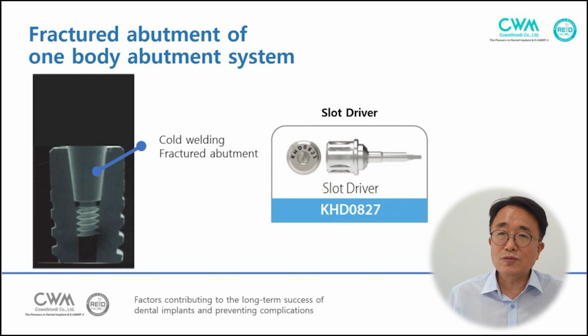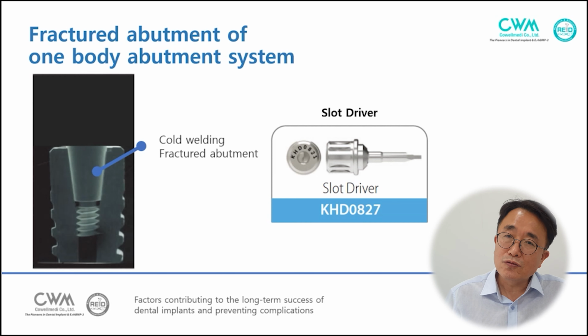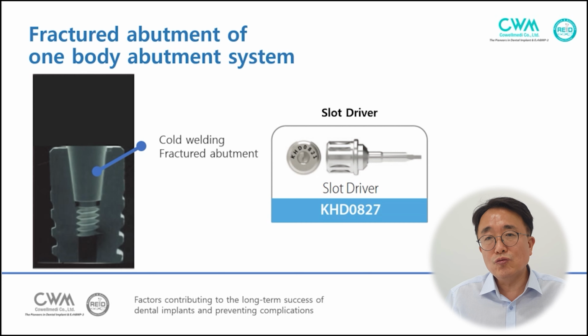And the fixture bar's blade depth is about 2.5 millimeter. So we have to insert 2.5 millimeter depth for the slot depression. And then the slot driver is inserted into the deep slot depression.